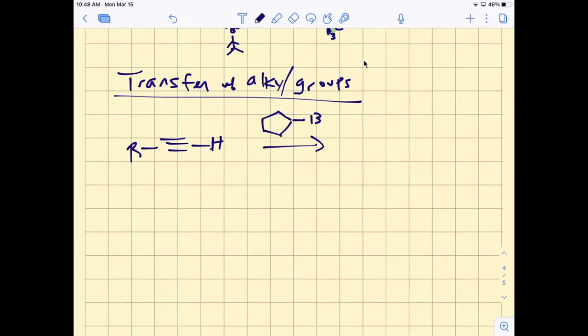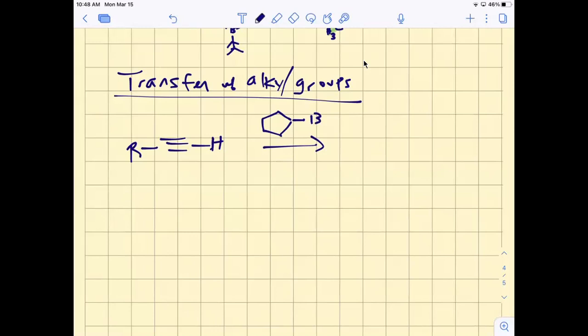And the final product will look like this, but I'm gonna show you how it happens too. And then I2 and sodium hydroxide, like so, right? All right.